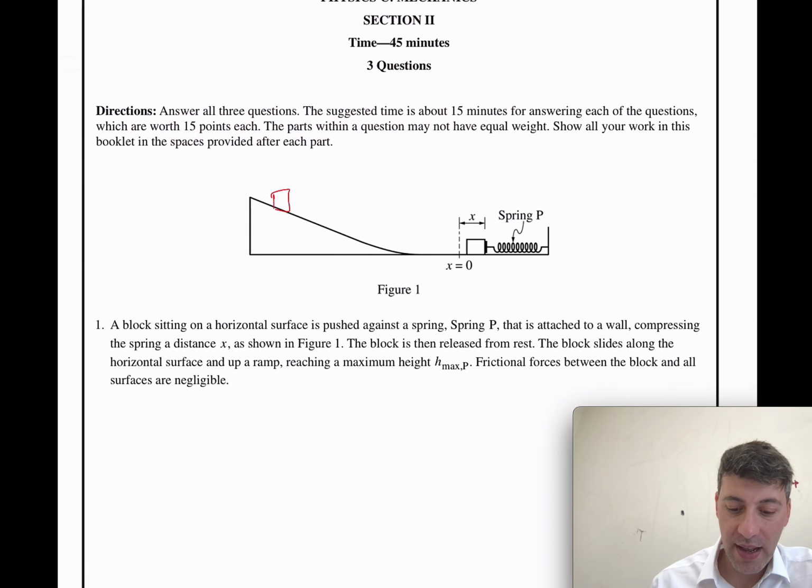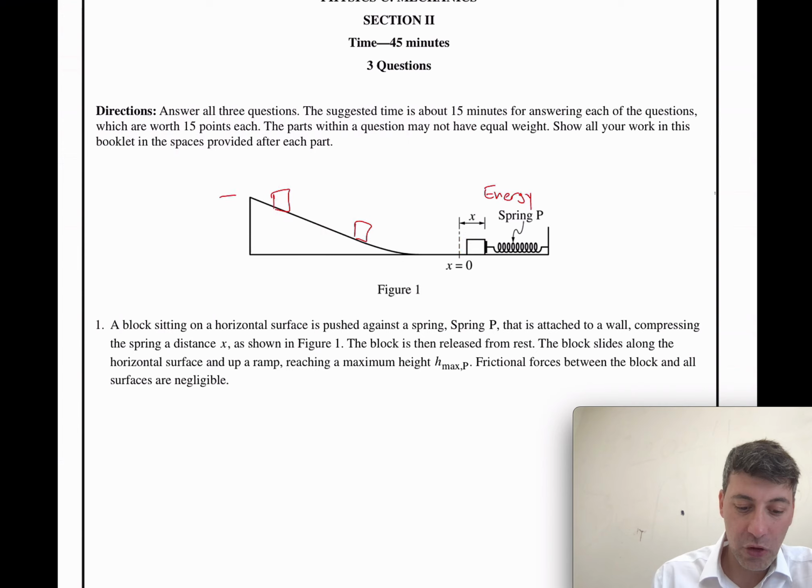So when the spring is squeezed and then we release it, the spring provides energy, in this case the potential energy of the spring, which is transformed into kinetic energy of the object. As the object is moving upwards on the inclined plane, this kinetic energy decreases and is converted to potential energy.